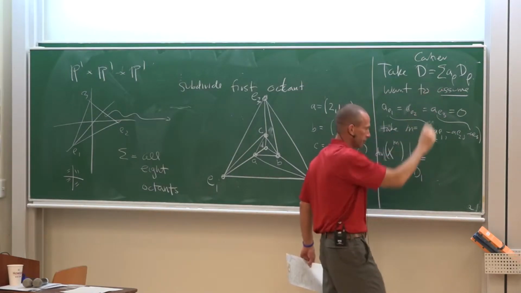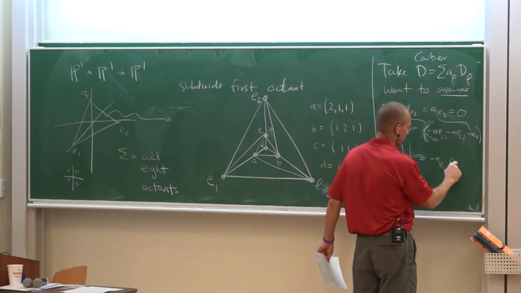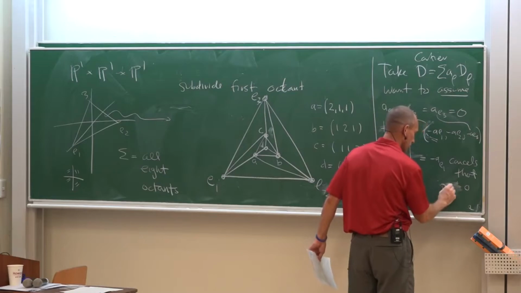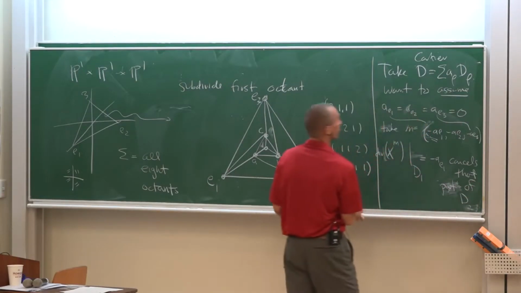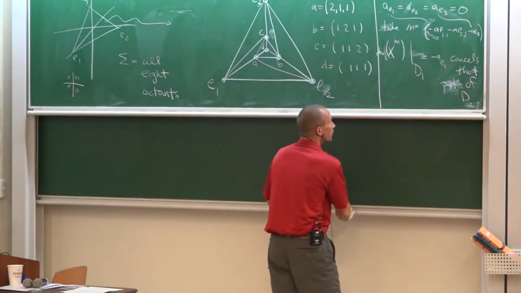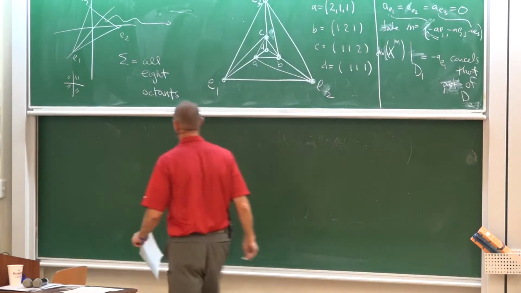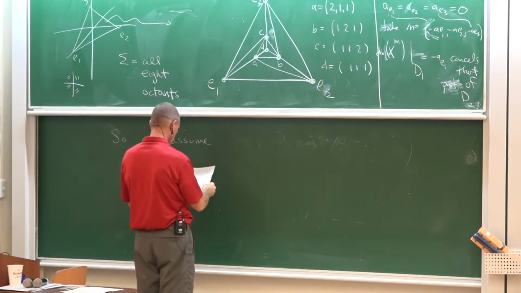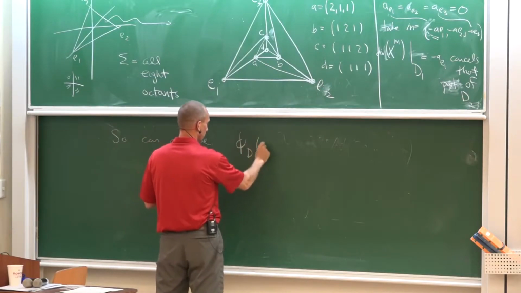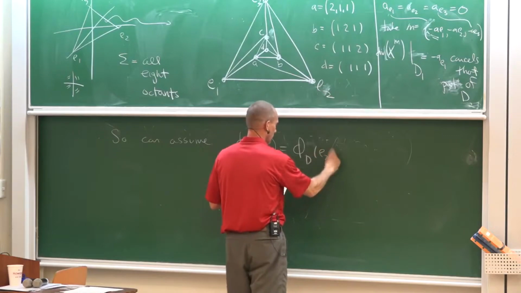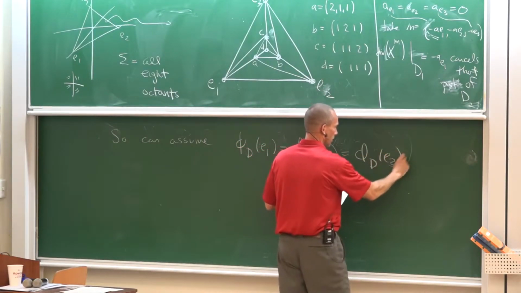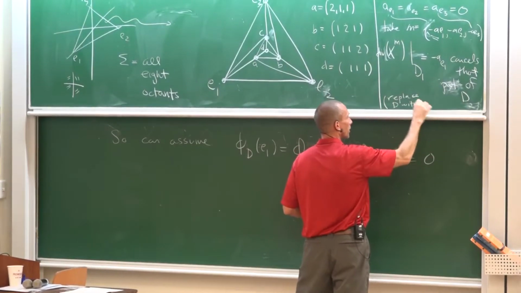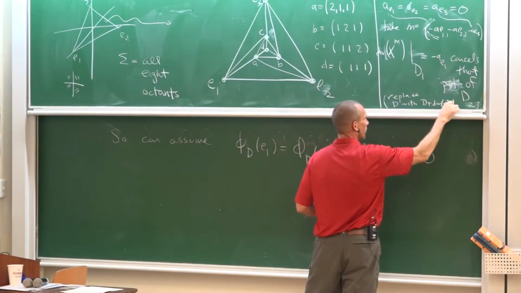And so that's going to cancel the minus a_E1 and cancels that part of D. So we're allowed to assume that those coefficients are 0, that phi sub D of E1 is 0. They're linearly equivalent, right?